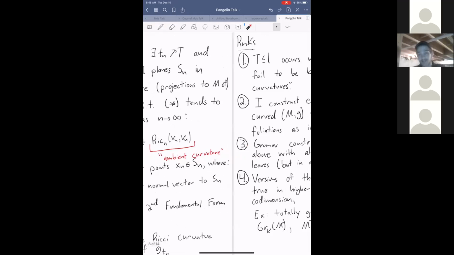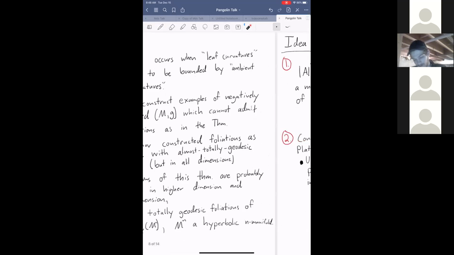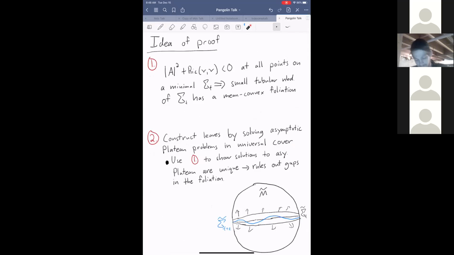So right, that's the main theorem. I can say a couple words on how you prove it. So what does this asterisk condition mean? How you use it is that it lets you produce a mean convex foliation of small neighborhoods of the sigma sub t.